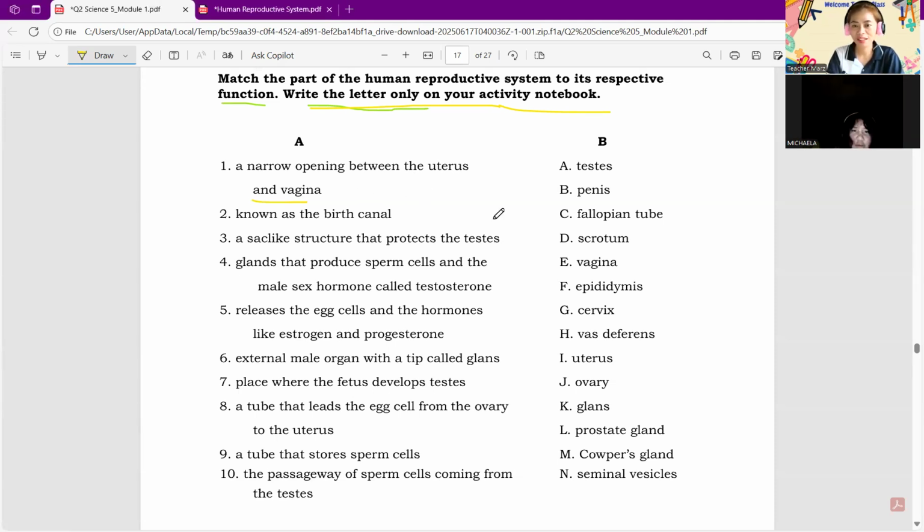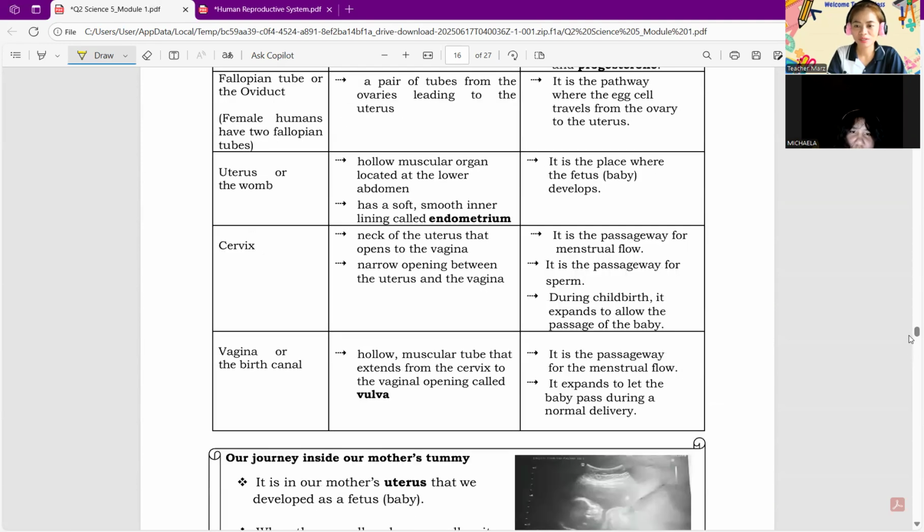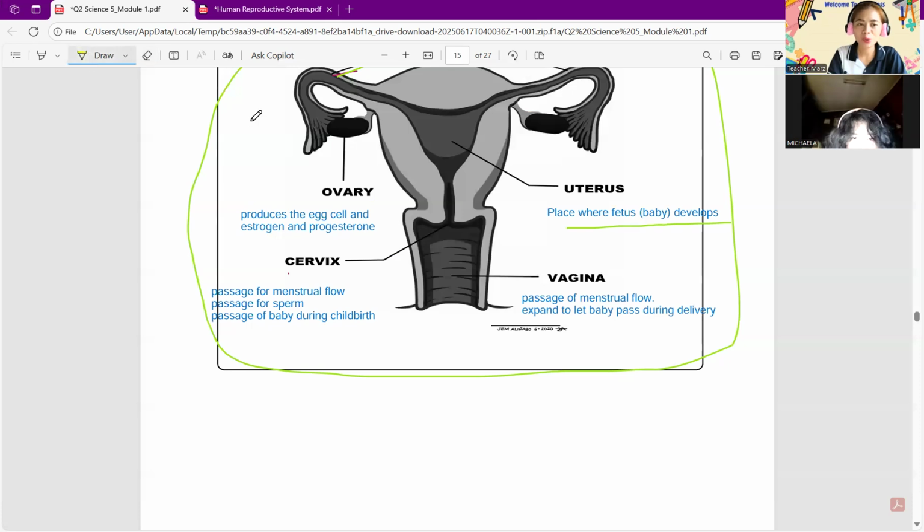What do you think? B? All right. So let's try to check with the illustration. Okay. So in this illustration, it says the narrow opening.